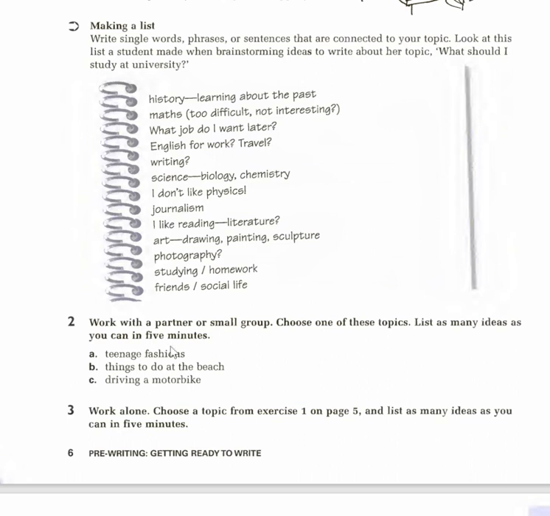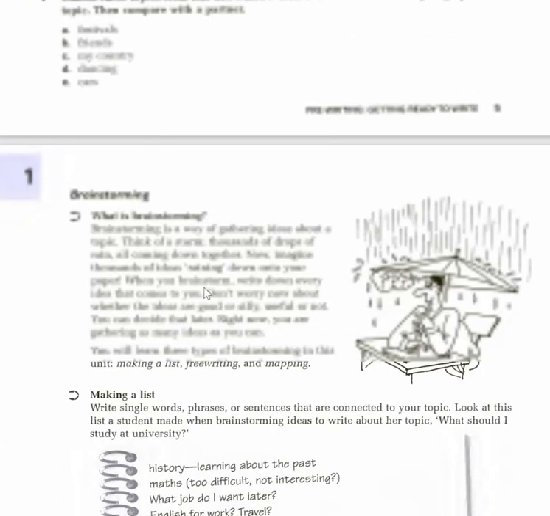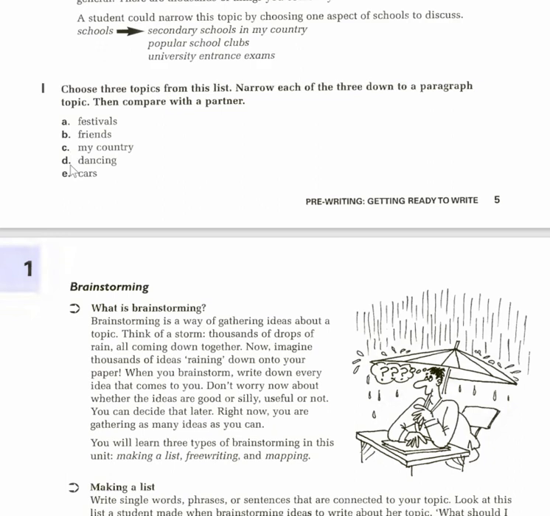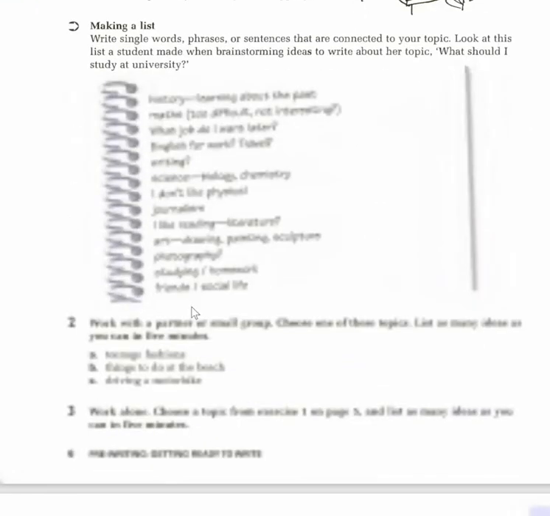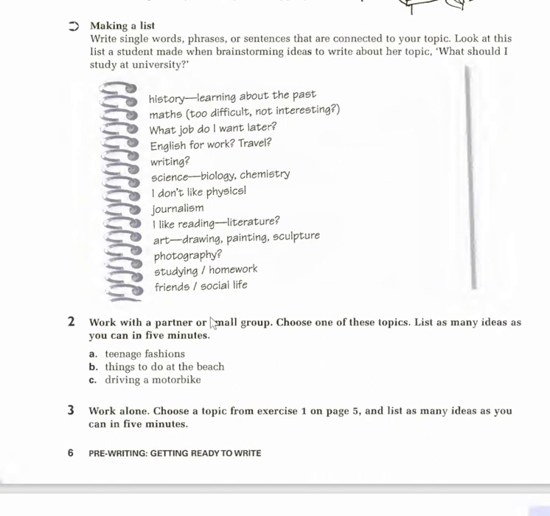So in this exercise, you got 3 topics. In the previous one, you got 5 topics. You can choose any topic and practice brainstorming. You can gather as many ideas as possible about different topics.